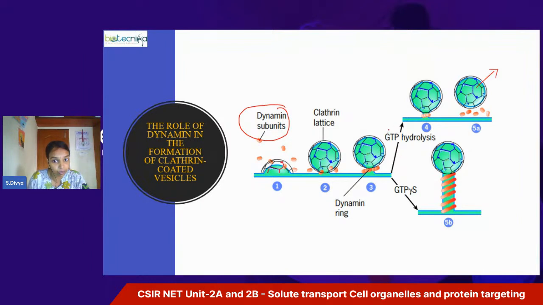And this requires energy in the form of GTP hydrolysis. If in case of GTP hydrolysis, GTP gamma S is used, in that case what happens? It will not be pinched off from the membrane. So it will be encircling the stalk like this. Just keeps on polymerizing. So if it is not polymerized, the vesicles will not be removed from the membrane.